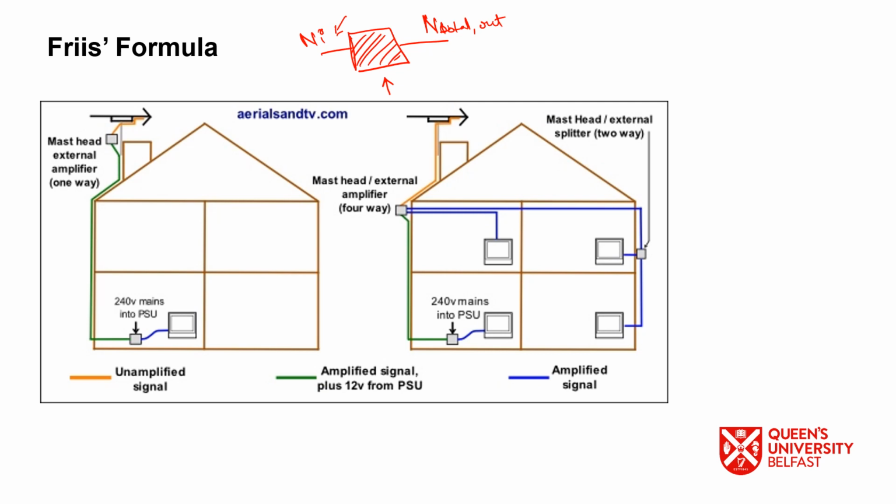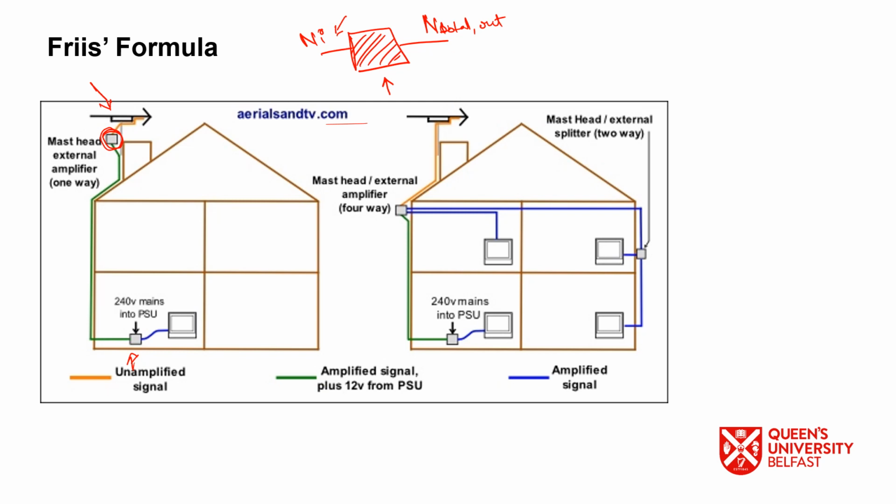So imagine we have a system like the one we normally see in our houses, in which there is one antenna placed on a rooftop, and then there is a mast head, and sometimes an amplifier, and then another converter or another amplifier at another location around the house.